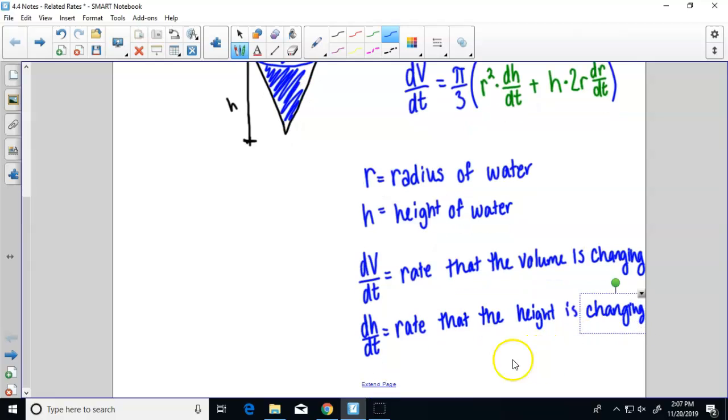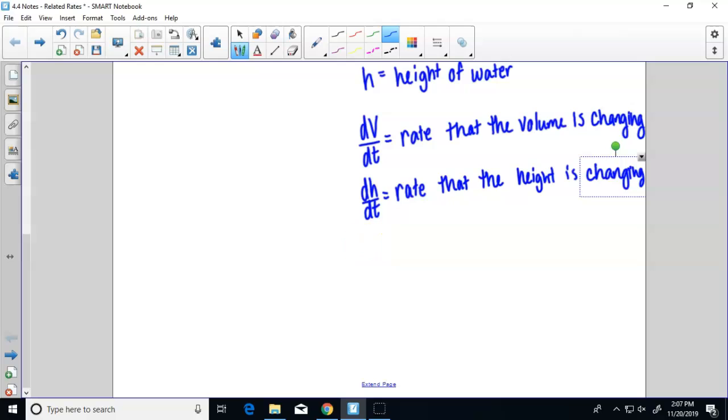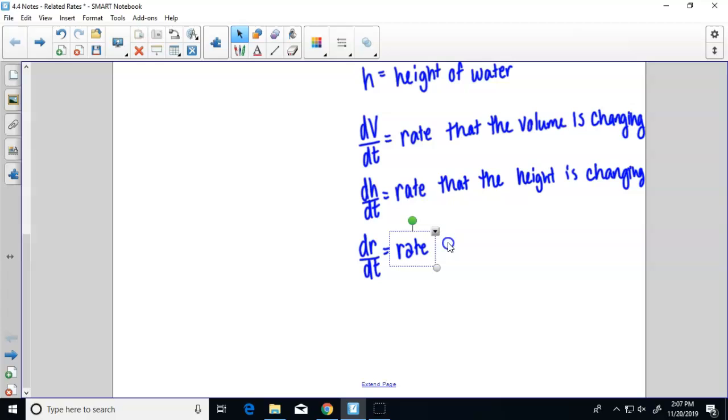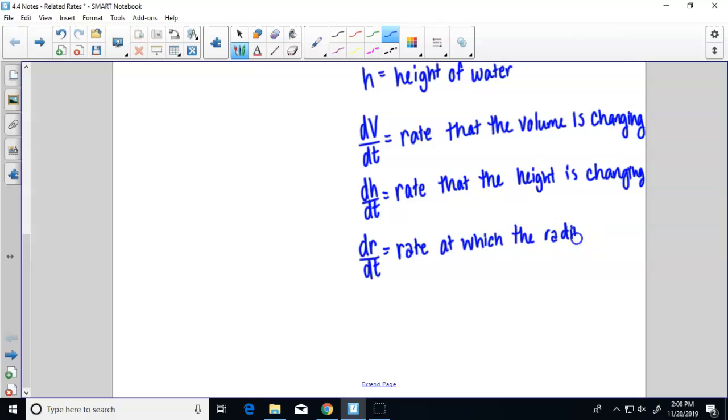Any guesses on the dr dt? Good. The rate at which the radius is changing.